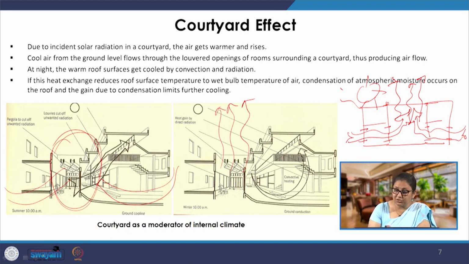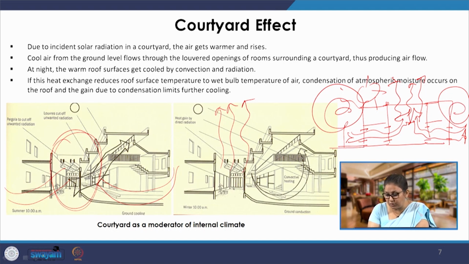Now, how do we ensure that there is cooler air here? So, we can have trees which will shade this space, or we could have water bodies, or other mechanisms by which we can change the microclimate of this space from where the air is being drawn. And to enhance the effect of this courtyard, we can have a slightly harder, paved surface here.